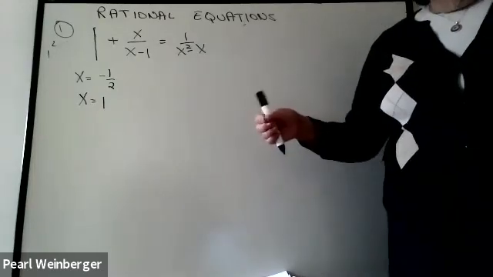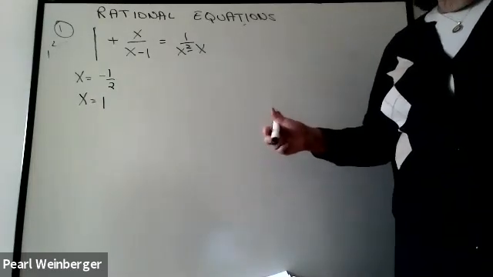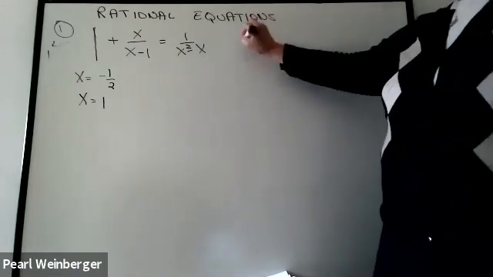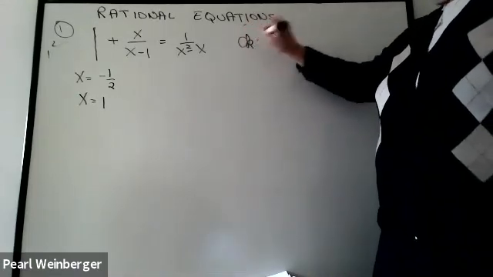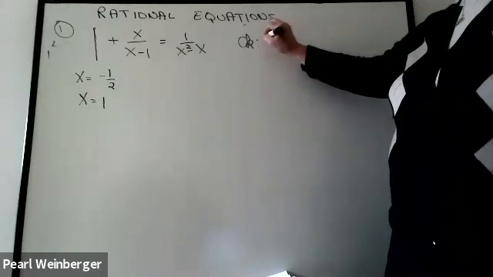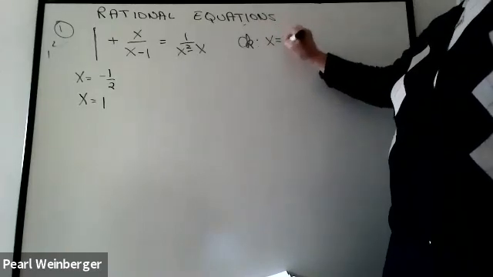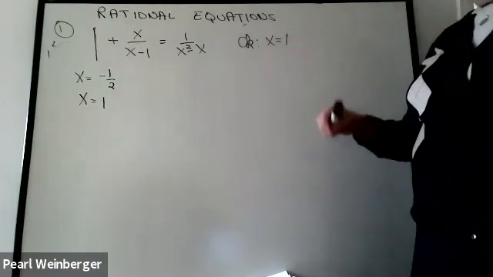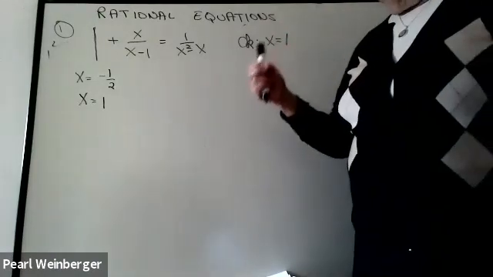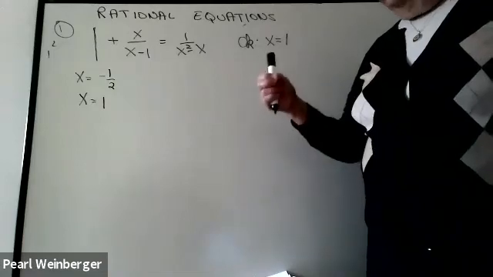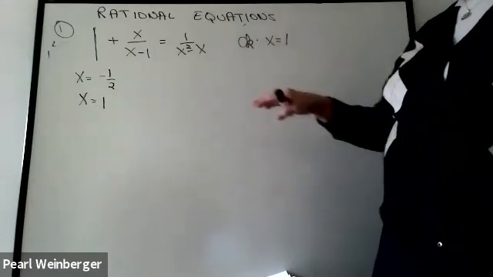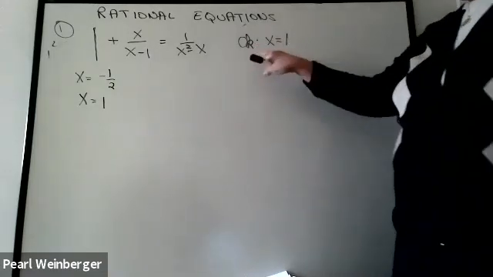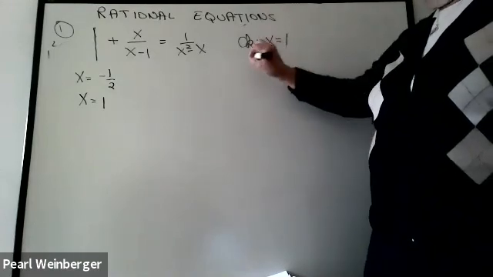And I want to show you what would happen if we tried to check. And specifically, I'm going to try first checking when x equals 1. That's an easier one to check, so I'm going to try that one first. I just want to mention that you could always use your calculator to check. But let me show you what happens when I try to check with x equal to 1.